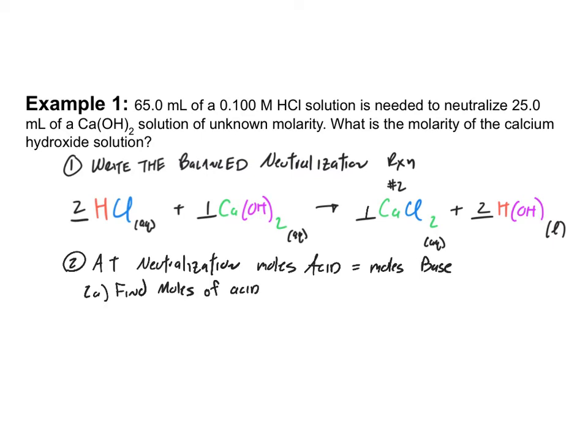We're going to use the molarity formula. Molarity is equal to moles over liters. We know the molarity of the hydrochloric acid is 0.1 molar, so I'm going to plug that in.